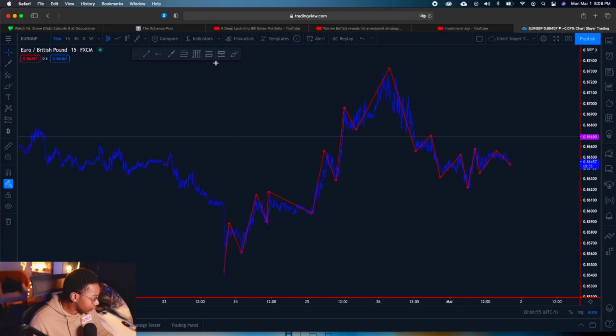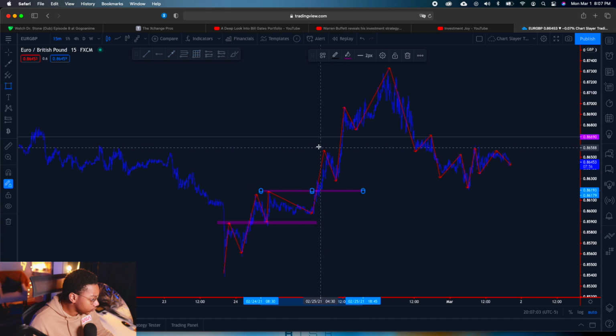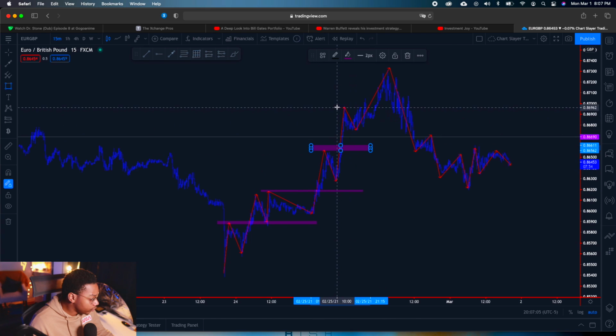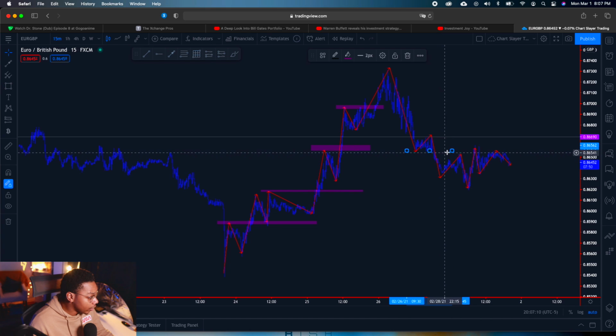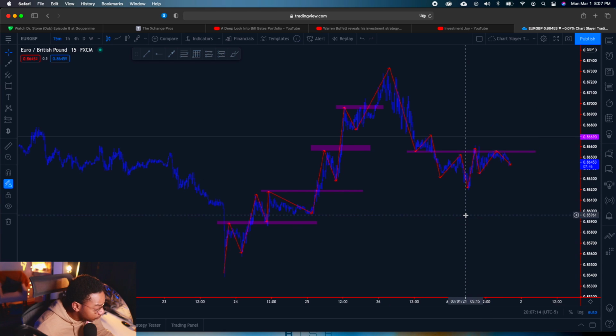Look at how price has completely broken through every single level here, right? Price broke, retest, right? And it broke, then it broke, then it broke, then it came back down and then broke, right? Not only did it break, it retested this level all across.